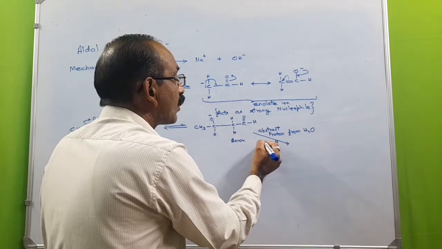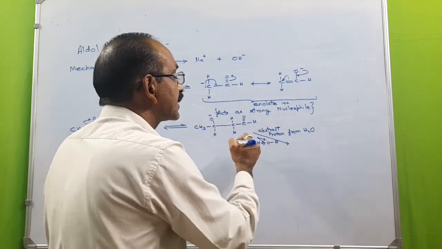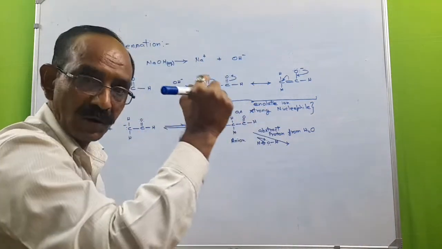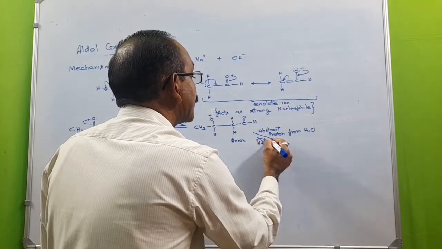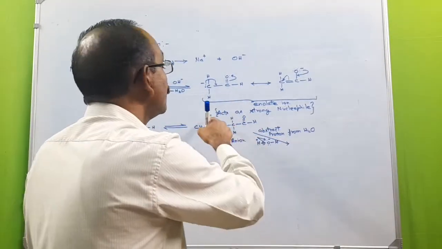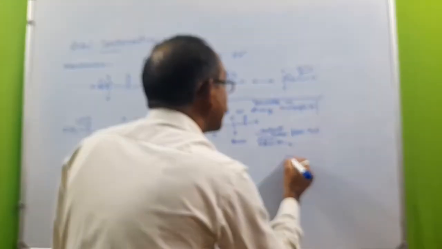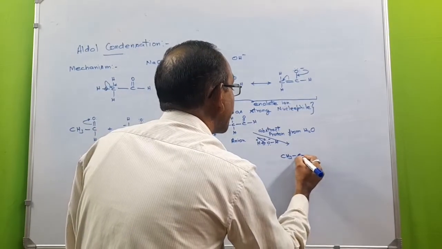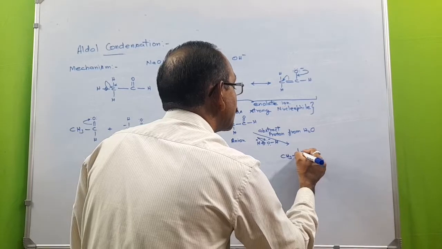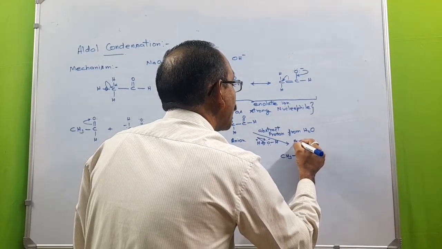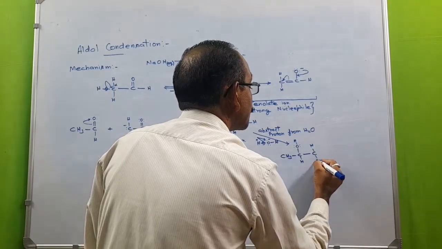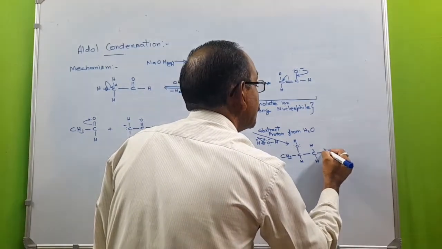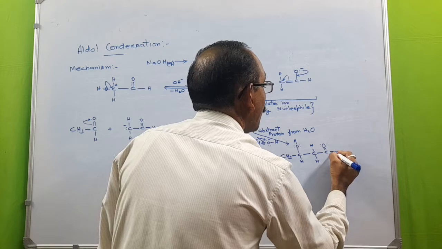One of the O-H bonds breaks. Both the electrons will come over the oxygen, and the H plus, which sets free from here, will combine with the negatively charged oxygen, and we'll get CH3CH(OH)CH2CHO.